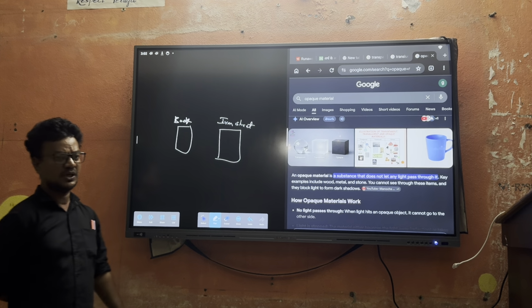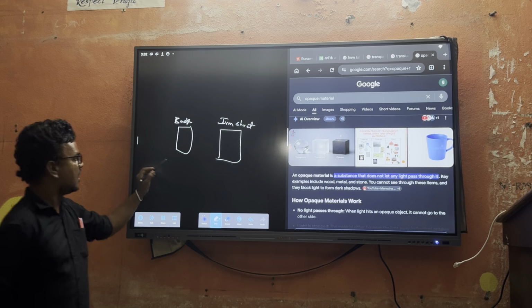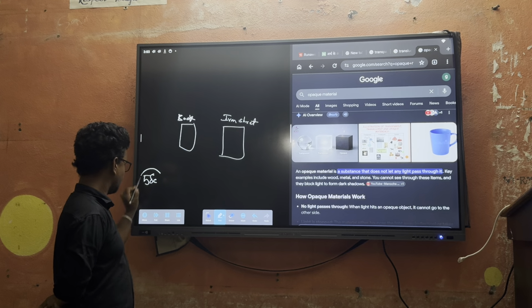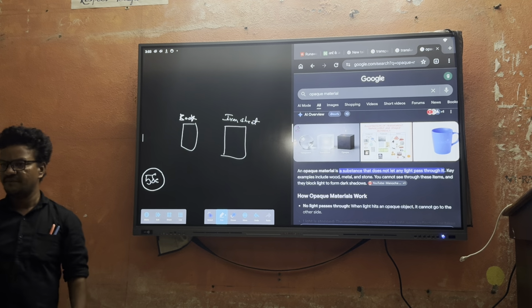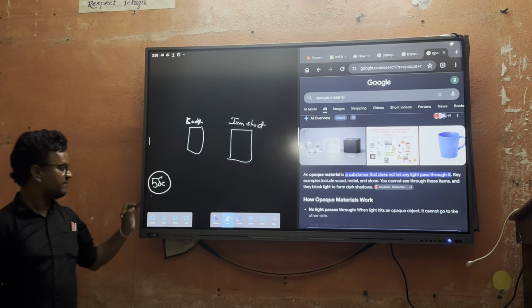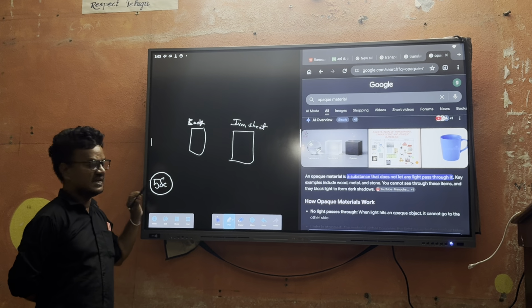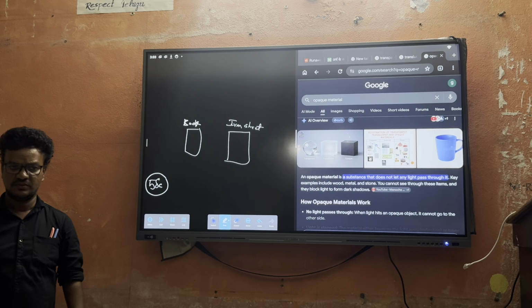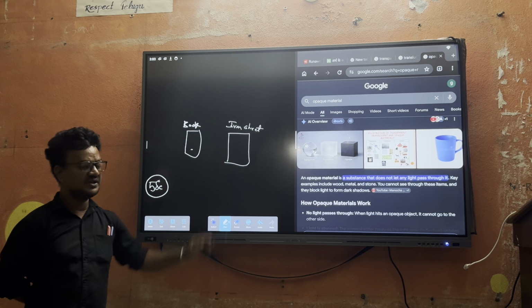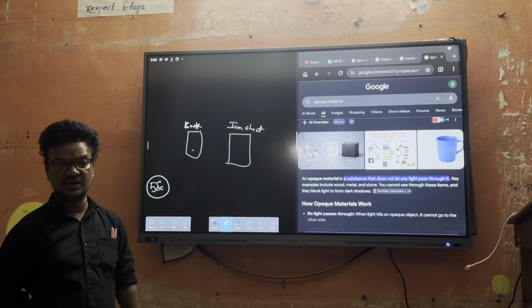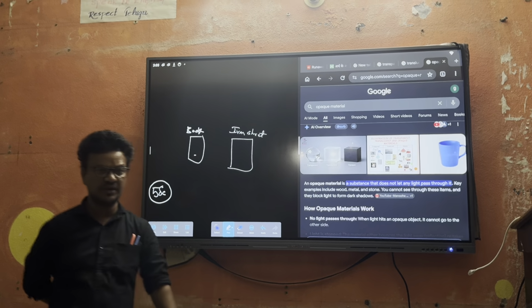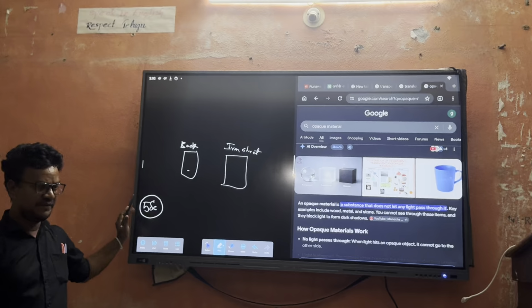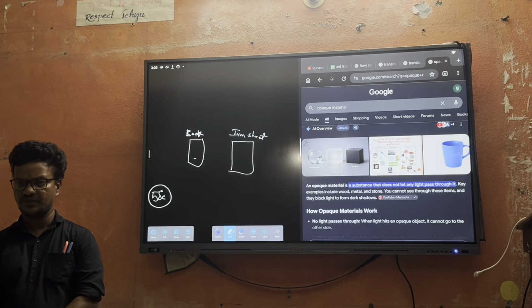These two are placed outside at 50 degrees centigrade. At a time, I place these two objects in the 50 degrees centigrade surroundings.